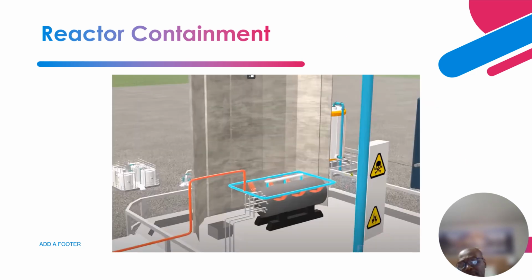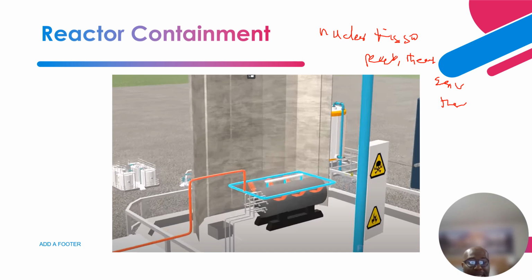So remember, in the previous slide, I showed you that this is a reactor containment building, and the goal of that building is to contain the fuel assembly and all the fuel reaction, the nuclear fission reaction that takes place, and that releases the heat energy or thermal energy that is required to generate steam to be used for the steam turbine to generate the required energy, right?